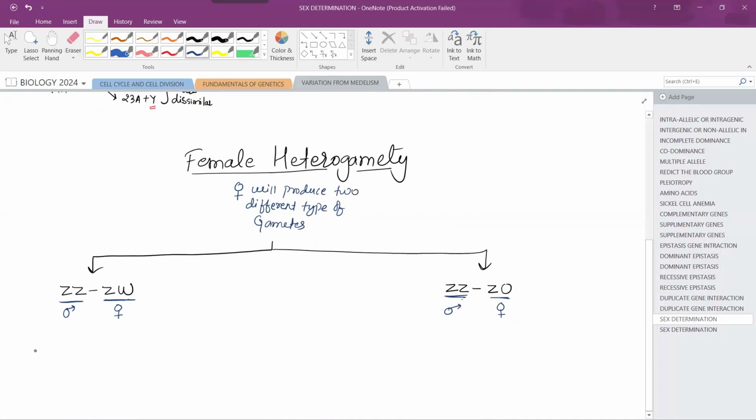These are the examples of fowls, few fishes, and most butterflies. And this is the example of moth and few butterflies.